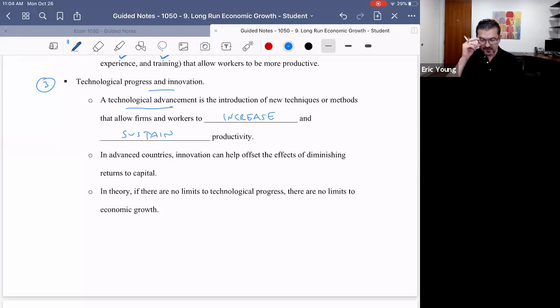This kind of stuff can be very simple, it can be very complex. People oftentimes cite Henry Ford and the assembly line as an innovation that streamlined and made car production much more efficient.